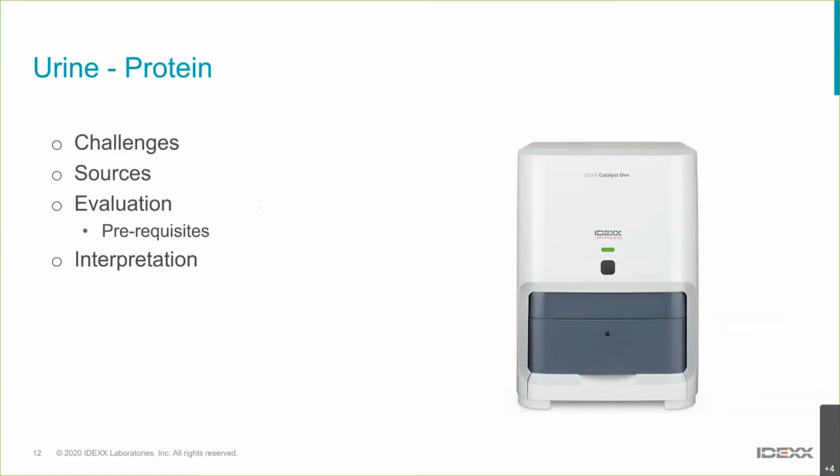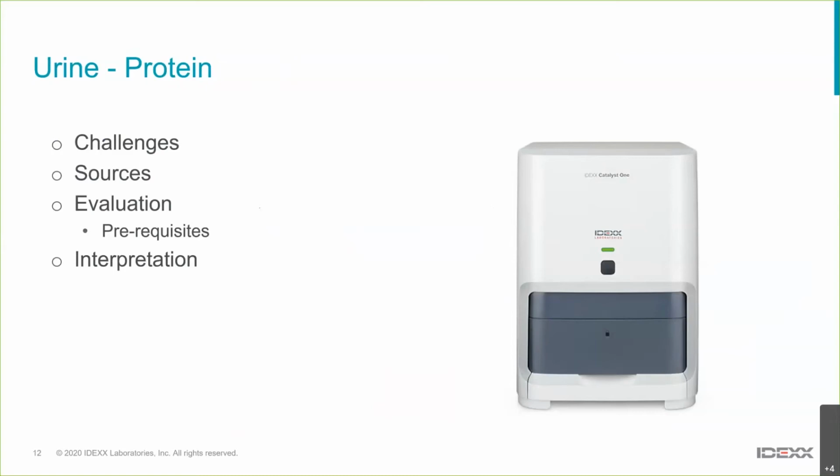The other thing is if you've got a patient with fairly marked proteinuria, there can be quite a bit of variation from day to day with how much protein is being excreted. Theoretically, we should probably get three urine samples over three consecutive days, do a sediment exam on each of them, and then run a UPC on all three and average those results.